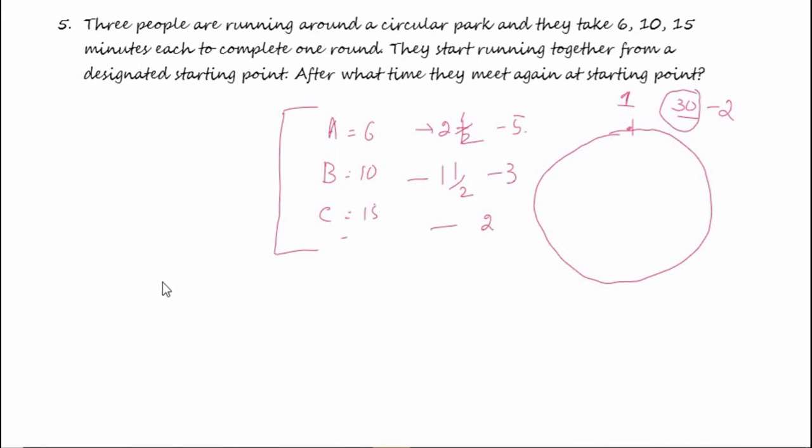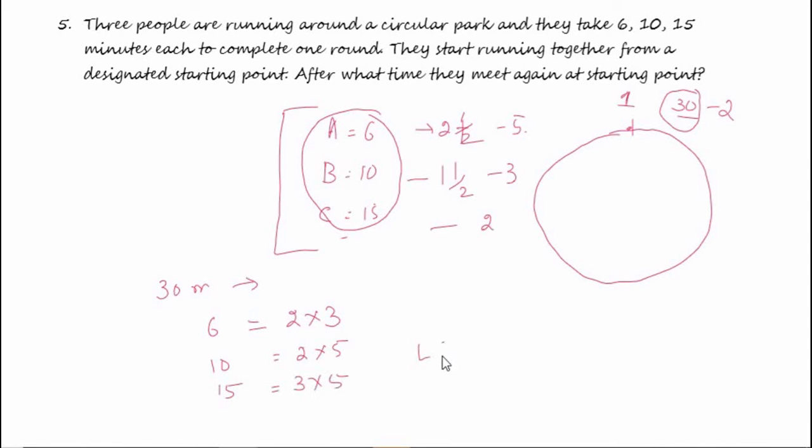Now we know 30 minutes is the answer. How do we get that? 30 is nothing but the LCM of these three. Let us find out the LCM. 6 equals 2 into 3, 10 equals 2 into 5, 15 equals 3 into 5.